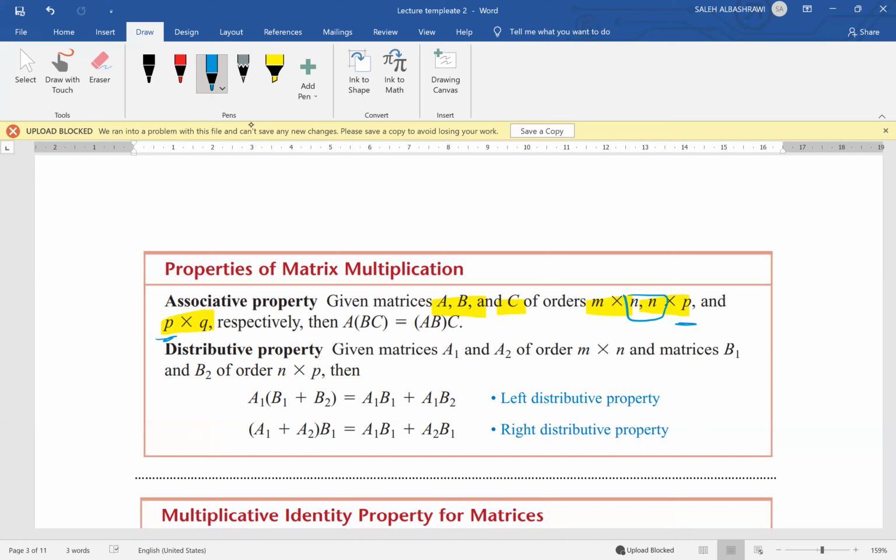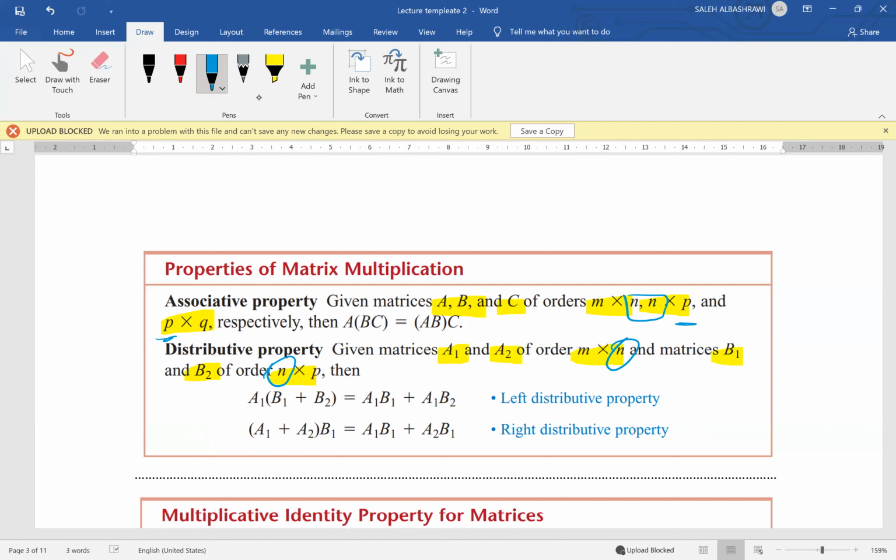For the distributive property, if we are given matrices A1, A2 of order m by n, and matrices B1, B2 of order n by p. Again, we have to check these orders: number of columns equal to the number of rows. Then A1 times (B1 plus B2) equals A1 B1 plus A1 B2.